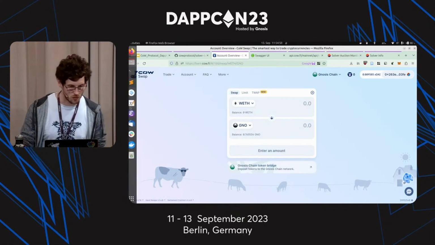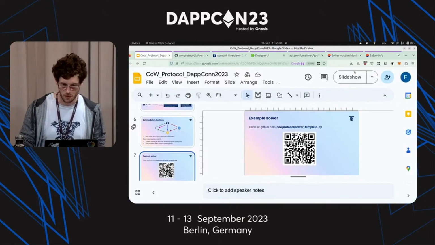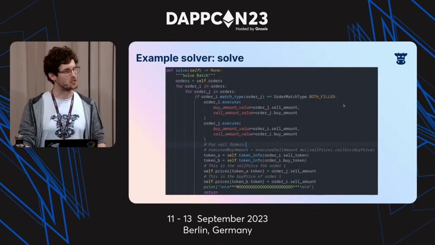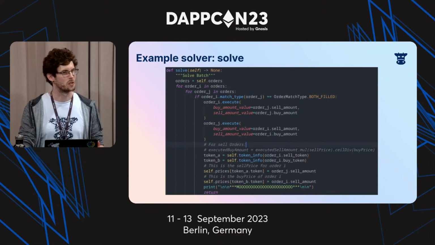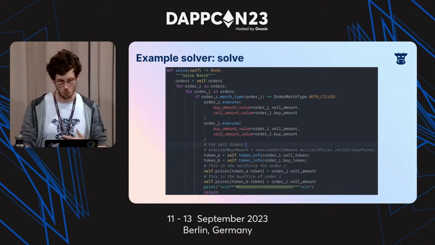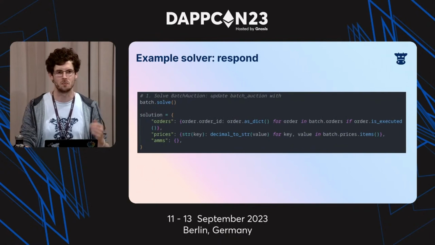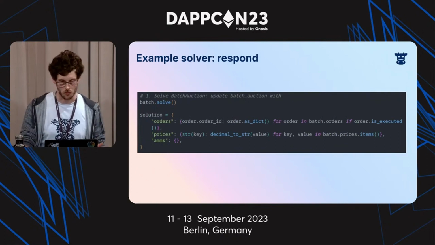We can switch back to the presentation. So the main thing is to fill in the solve method with something that you come up with that is potentially more efficient or better than what the competition does, so you can actually win the solver competition. Convert it to the correct solution format, and that's already a good start to get you running.